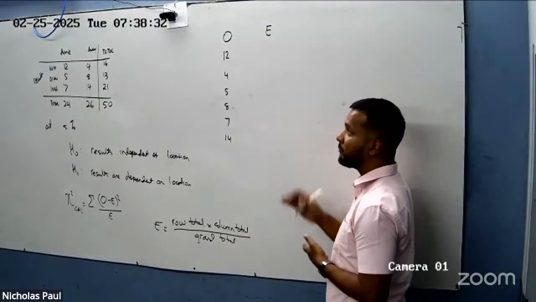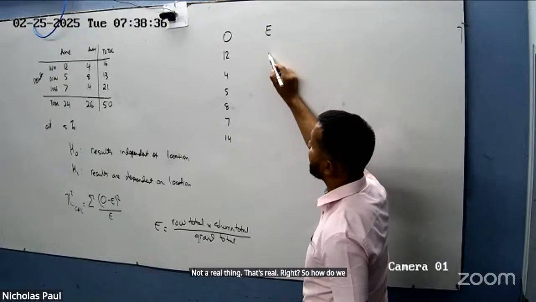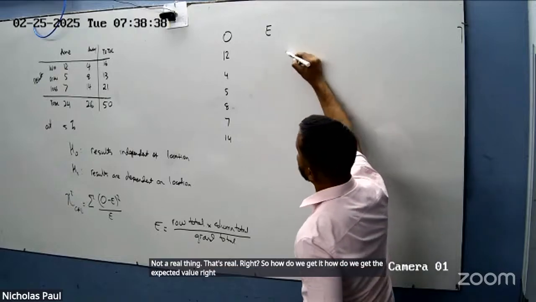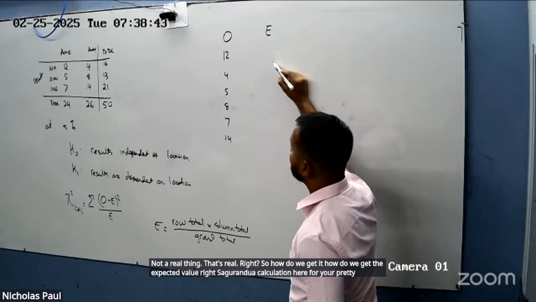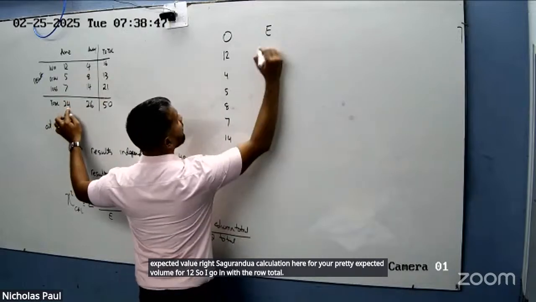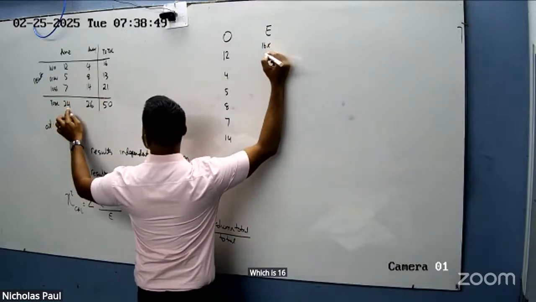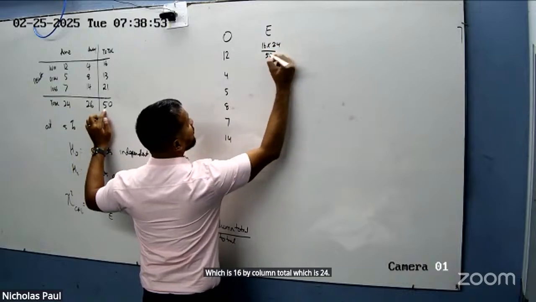So how do we get the expected value? I'm going to do a calculation here for the expected value for 12. So I'm taking the row total, which is 16, by the column total, which is 24, divided by the grand total.